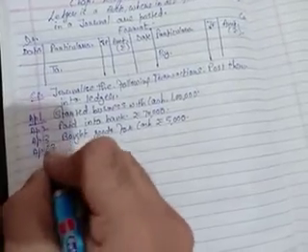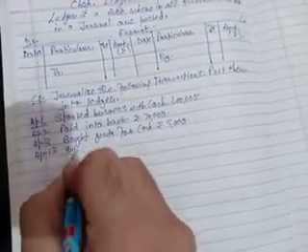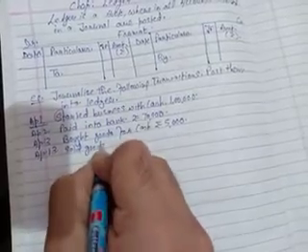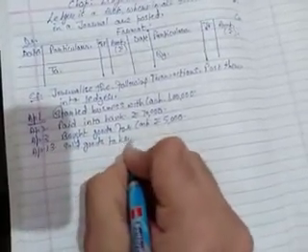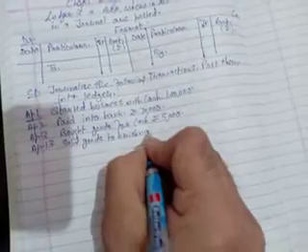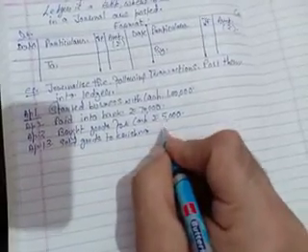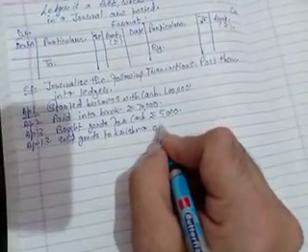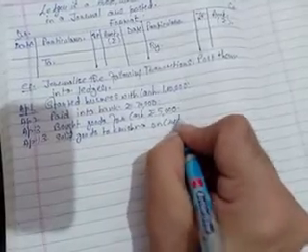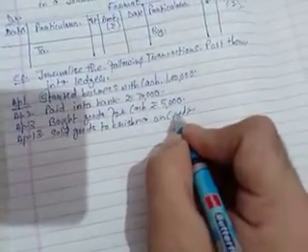April 13, sold goods to Krishna on credit 1,000.